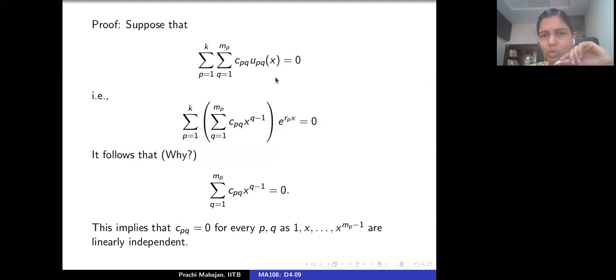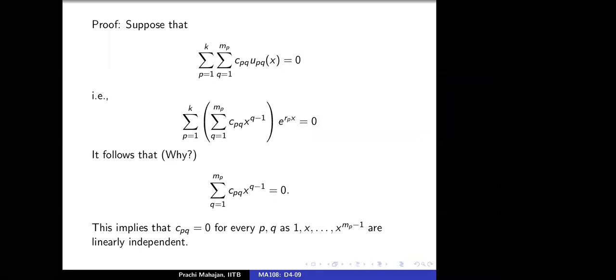So the only choice is that whatever is in the parenthesis, all of that is 0, correct? And once we have this, one uses the linear independence of 1, x, up to x to the power m_p minus 1 to show that each of these coefficients c_pq must be 0 for all choices of p and q. Is that okay? Yes.